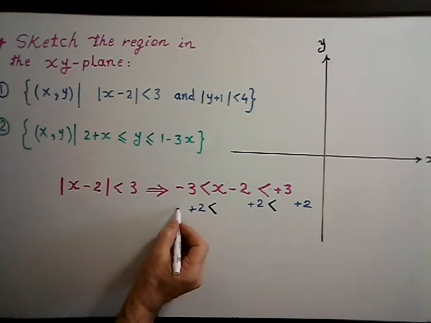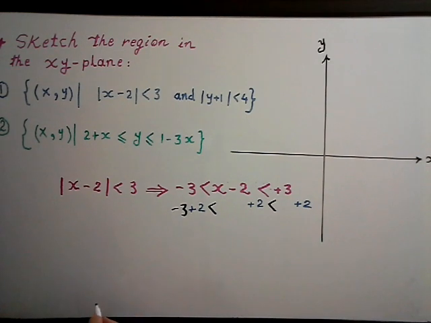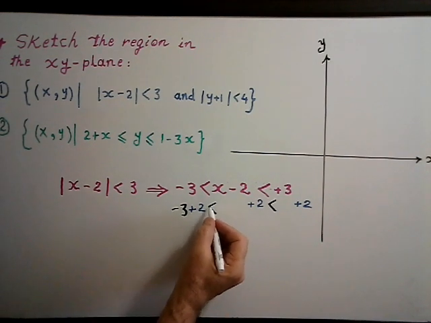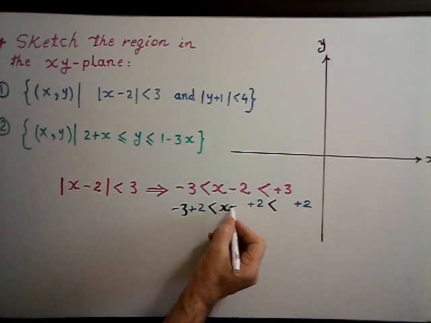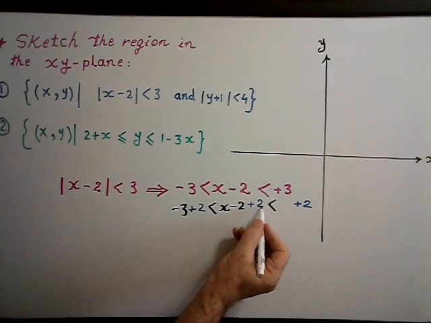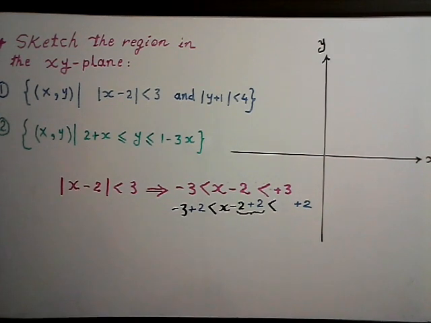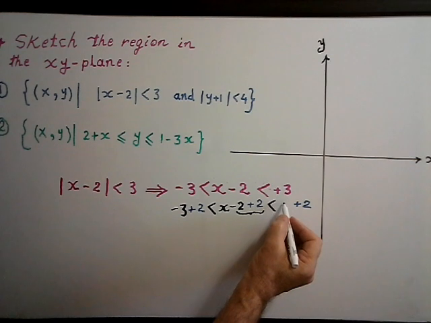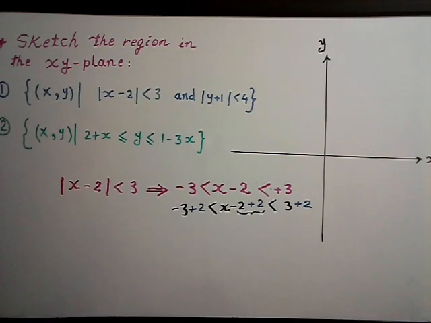So here negative 3 plus 2 is less than x minus 2 plus 2. Those will cancel together. And here plus 3 or positive 3 plus 2.